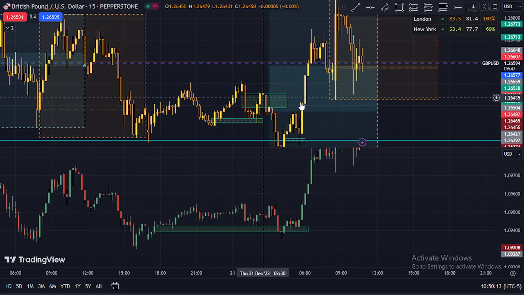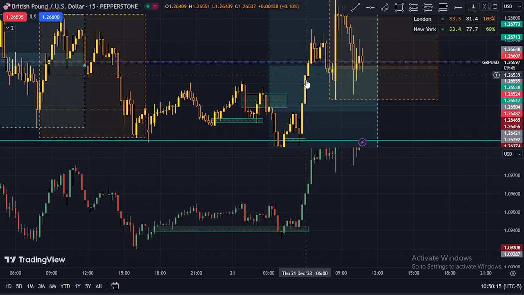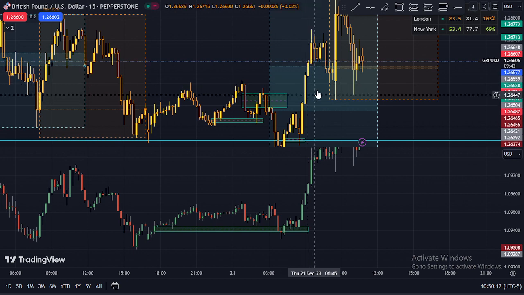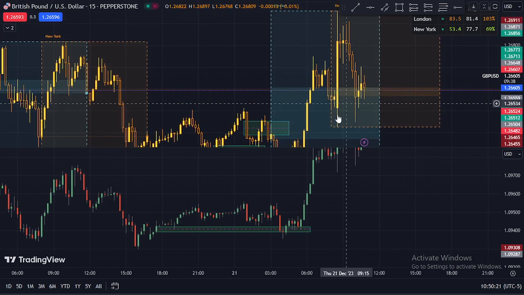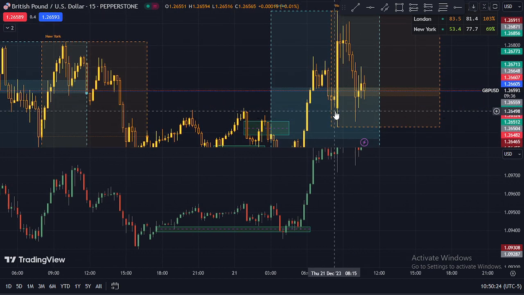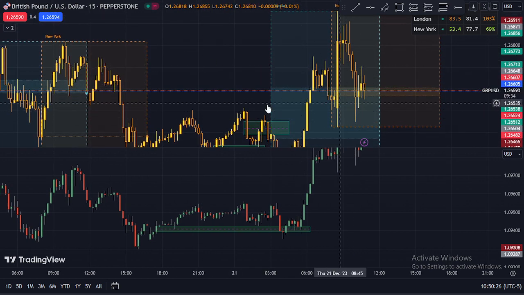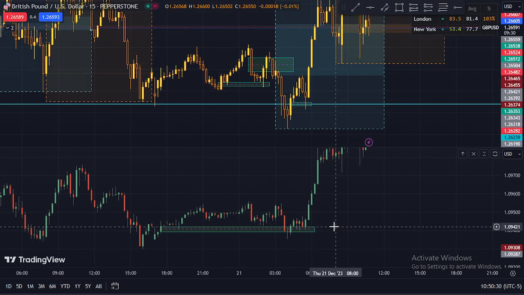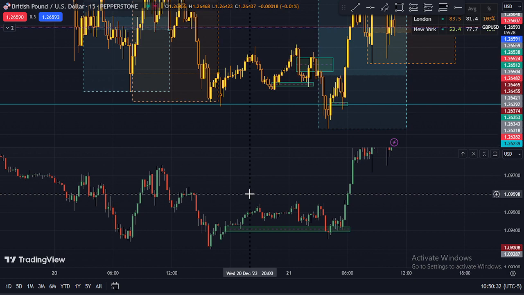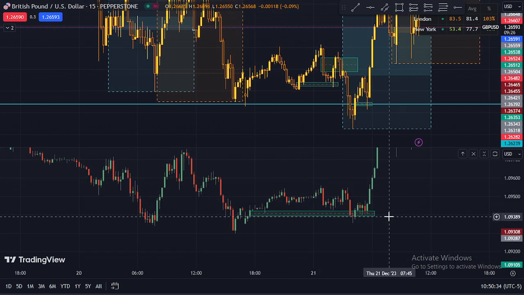We have a breaker, and also we have a fair value gap right there. So price came down and then reversed to the upside during New York Open. That was for cable, and then we have this Euro USD.